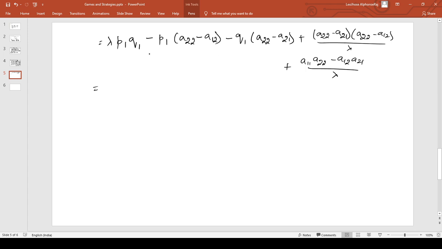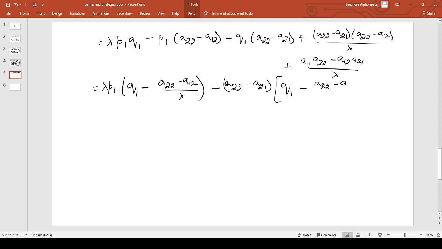Here first you can take lambda P1 common outside. So if I take lambda P1 common outside, we'll get Q1 minus A22 minus A12 divided by lambda, minus, and from these two we can take A22 minus A21 common outside. So we will get back Q1 minus A22 minus A12 divided by lambda, plus the last term A11 A22 minus A12 A21 divided by lambda.